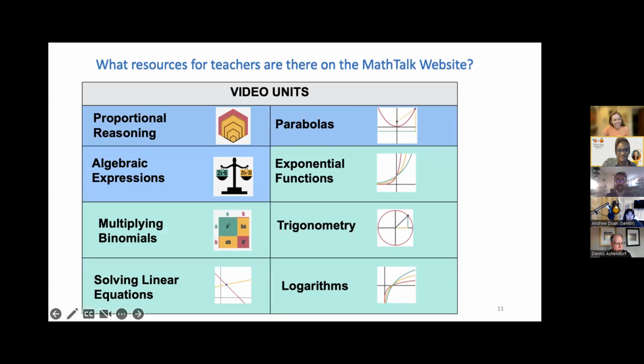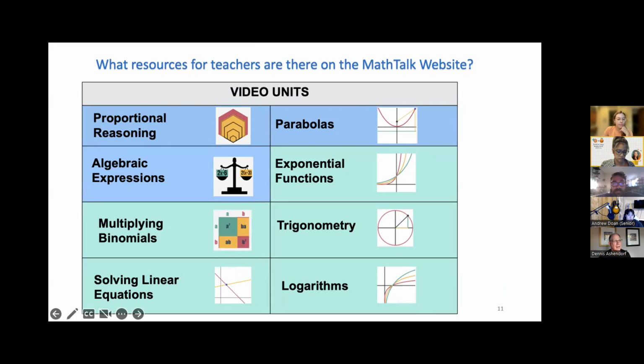So on our website, if you navigate there, Isabel also mentioned this, we currently have 3 units completely filmed and on the website. That is a proportional reasoning unit, a parabola unit, and an algebraic expressions unit. Most of this content surrounds algebra content and our quote unquote talent, the students in the videos, are typically about high school age, wrestling with this material.